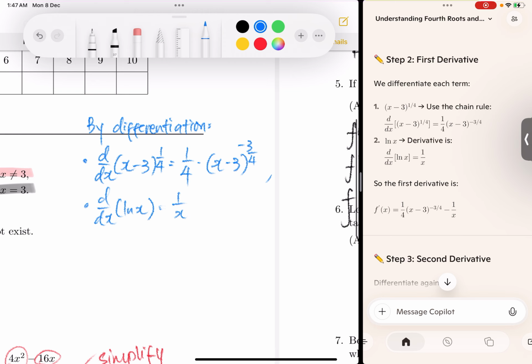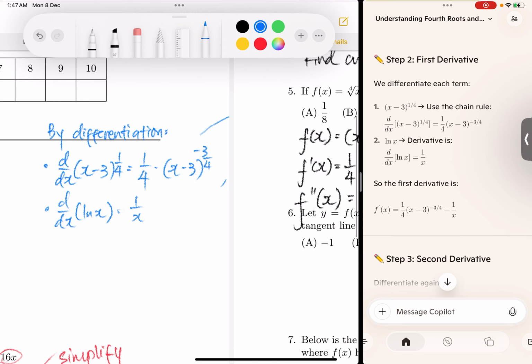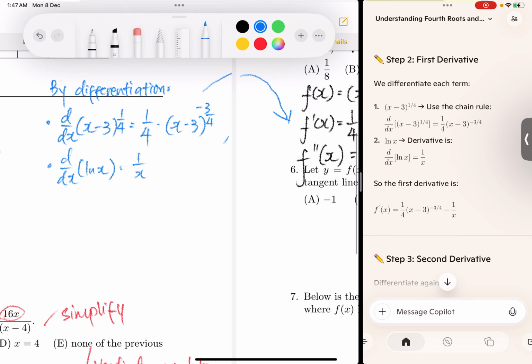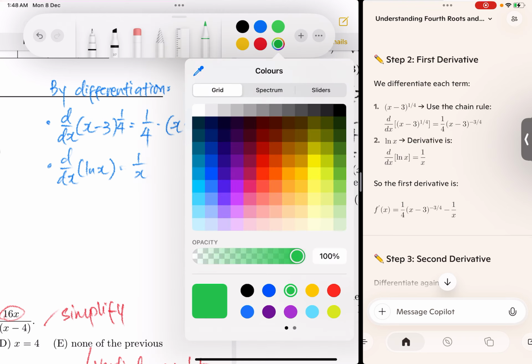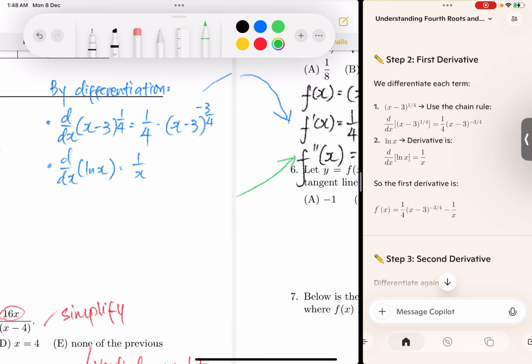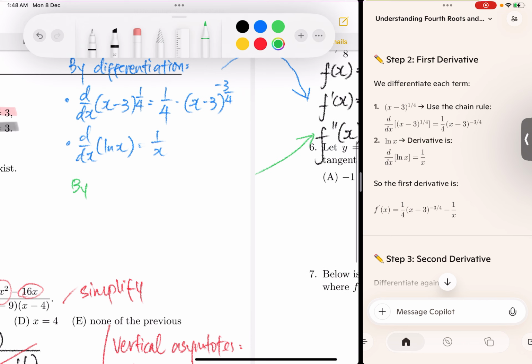to 1 over x. Okay, we're gonna continue with that. Now we're gonna use green for the second derivative. Here, second derivative. By differentiation, it will be d over dx.